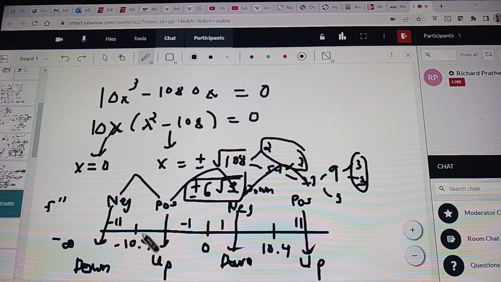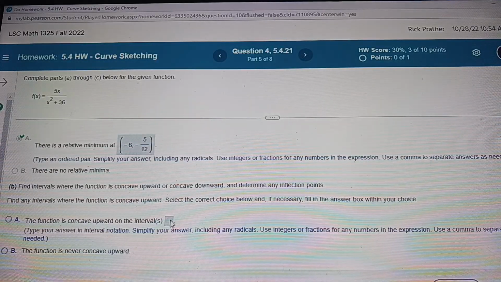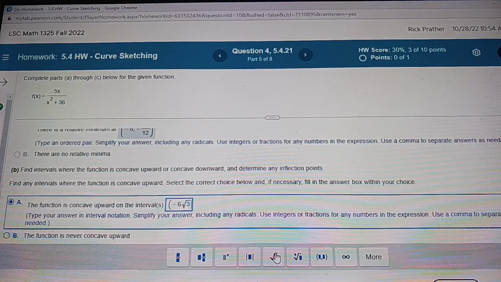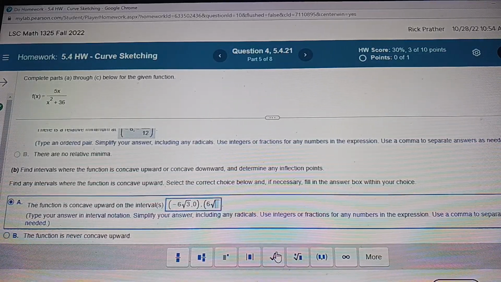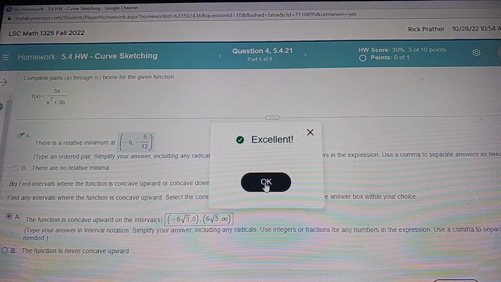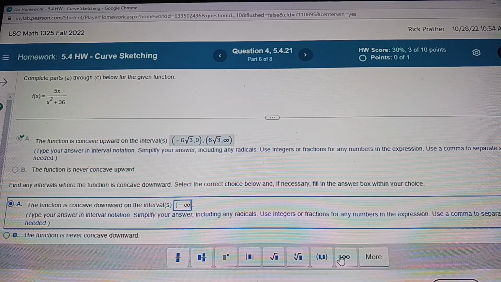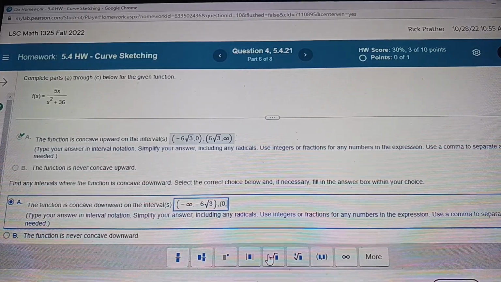It's concave up from negative 6 square root of 3 till 0, and then again from positive 6 square root of 3 all the way to infinity. And then it's concave down the other two times: from negative infinity till negative 6 square root of 3, and from 0 to positive 6 square root of 3.